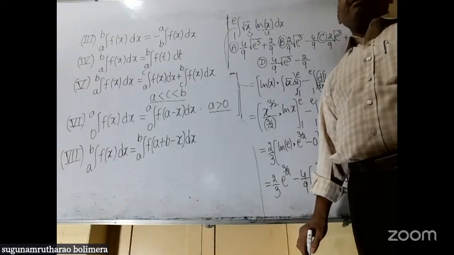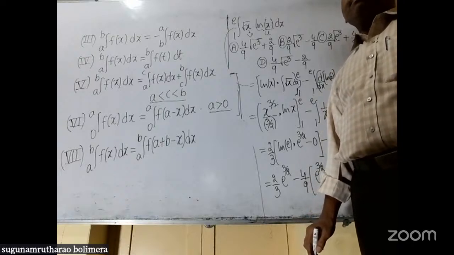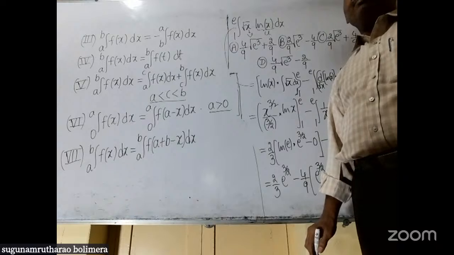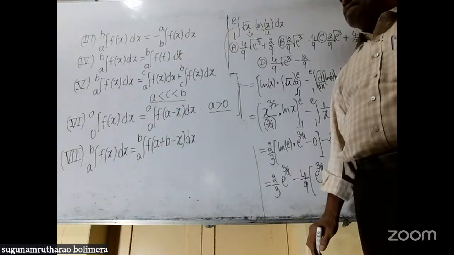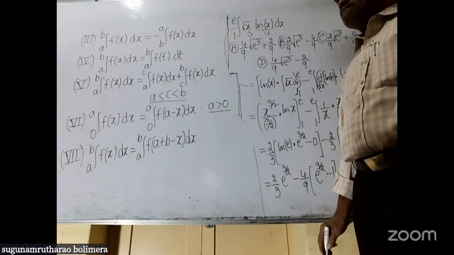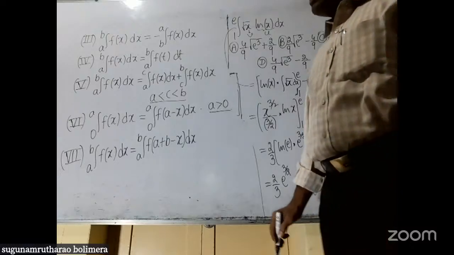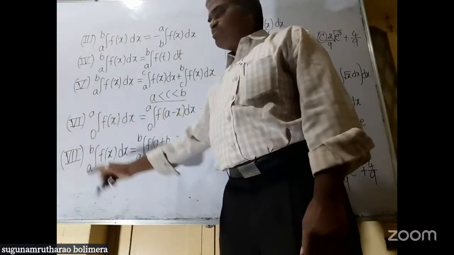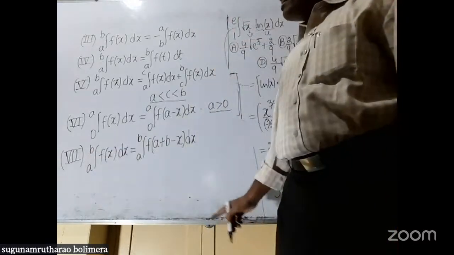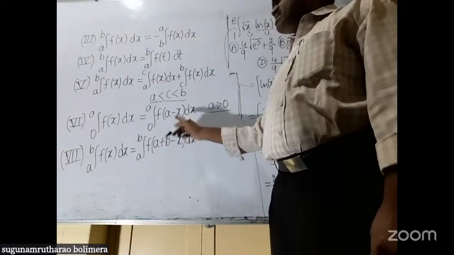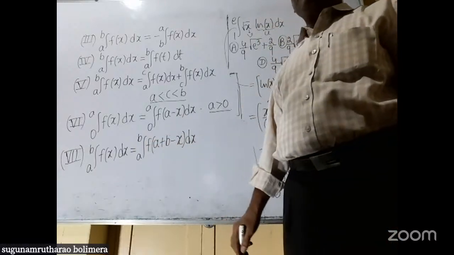Here, instead of 0 to a, we are having a to b, so it is a plus b minus x. That's enough.